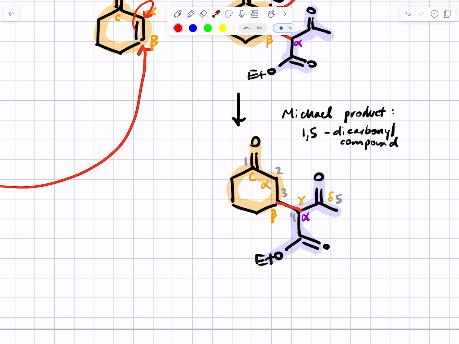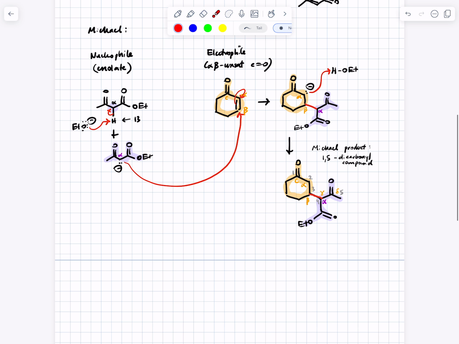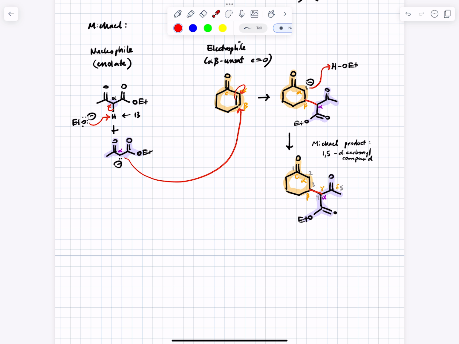Sure, if you wanted to, you're recognizing that this is a beta keto ester, which is sort of from the malonic ester and acetoacetic ester synthesis, you know that you could hydrolyze that and decarboxylate if you wanted to. Not necessarily part of the Michael reaction, but if you were trying to make something else, you could. All right.